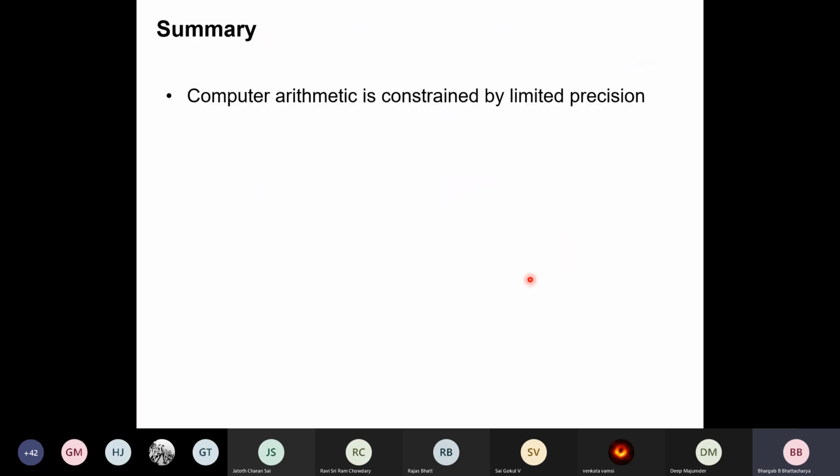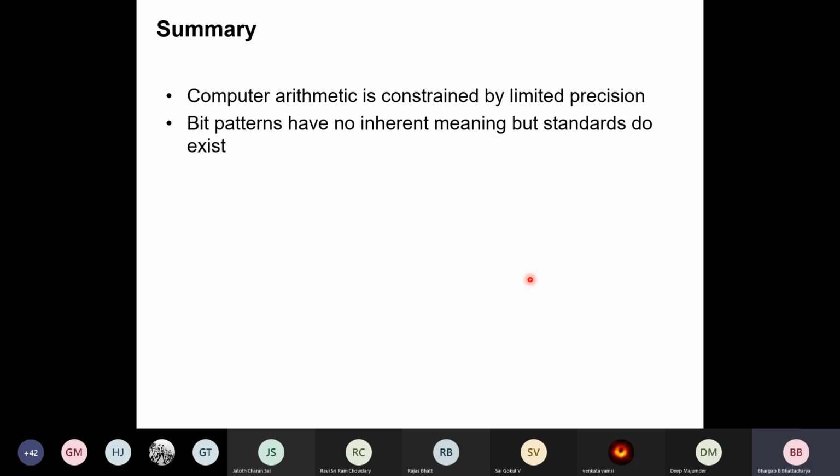So in summary, computer arithmetic is constrained by limited precision, both in the integer domain as well as in floating point arithmetic. Bit patterns have no inherent meaning, but depending on the execution cycle, the machine interprets them. We have standards like the IEEE standards for interpretation of floating point and a regular standard for interpreting integer numbers.